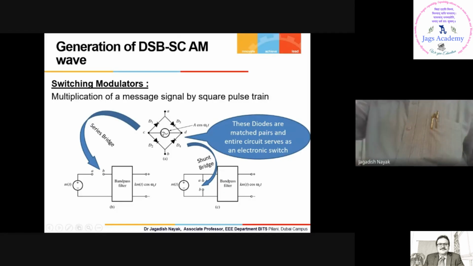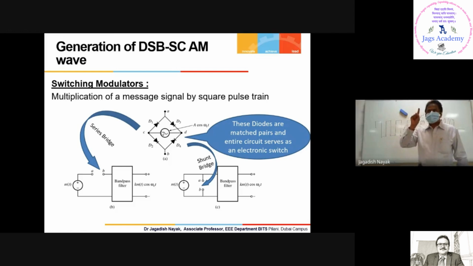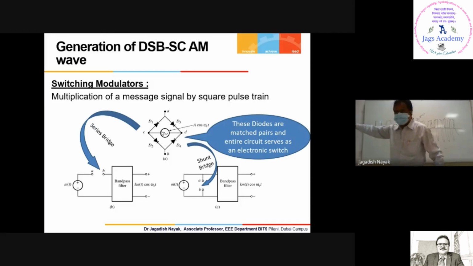And now, you may be having questions. Why do you generate a square wave between A and B? What we are doing here is, your input is m of t, the message signal. You are multiplying m of t in this circuit with this square wave.